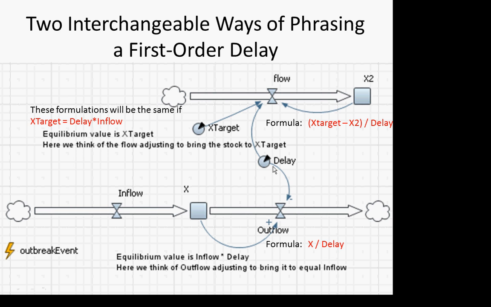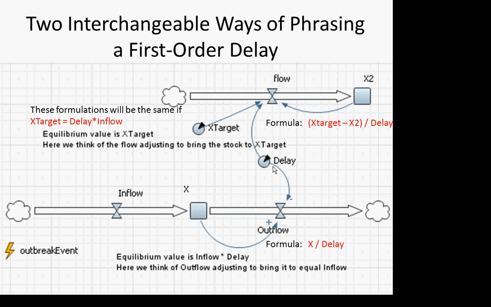If in the exam you couldn't remember, is it x2 minus X target or X target minus x2? How would you reason that through? X target should be positive. Okay, yes, so the larger X target, the larger should be the flow in, for example. That would be one way to think about it.